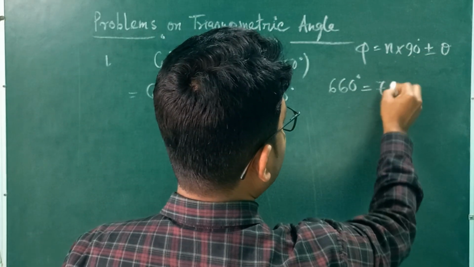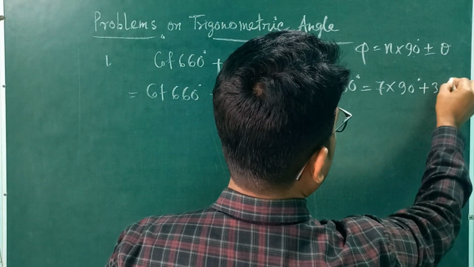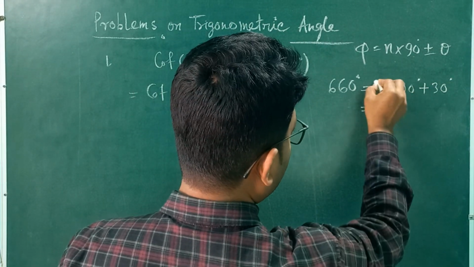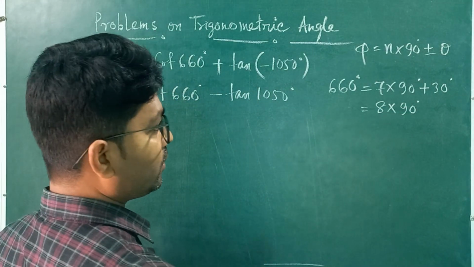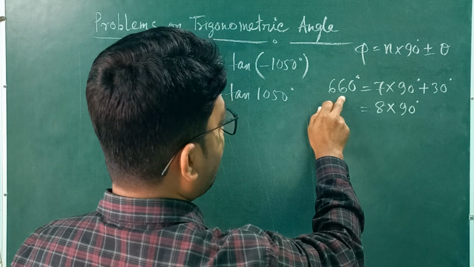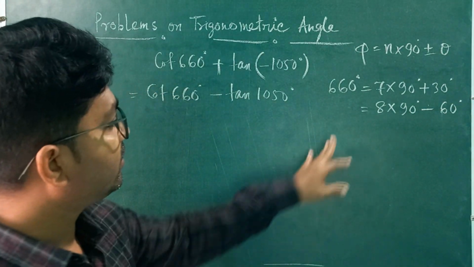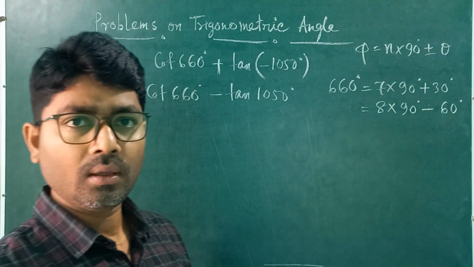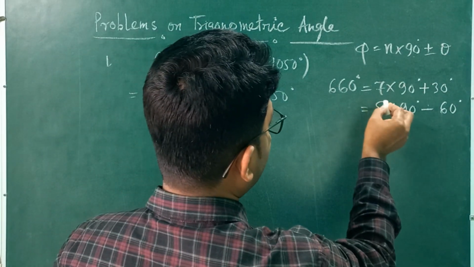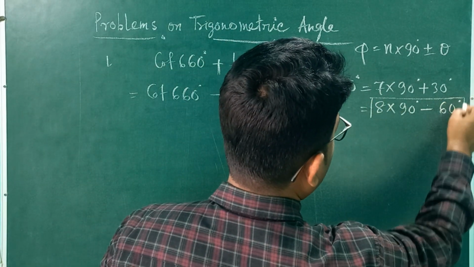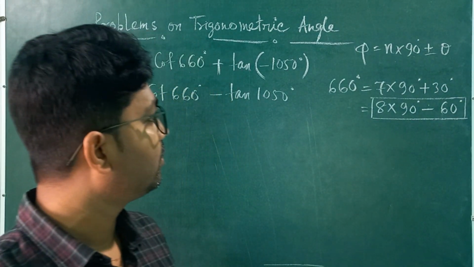You can break here 7 into 90, 630 plus 30, or anyone can break in this way, 8 into 90, 720, that is 720 minus 60. So you can break this angle in two ways, but our basic trick is you can take the odd multiple of 90, then it will be more easy to calculate.